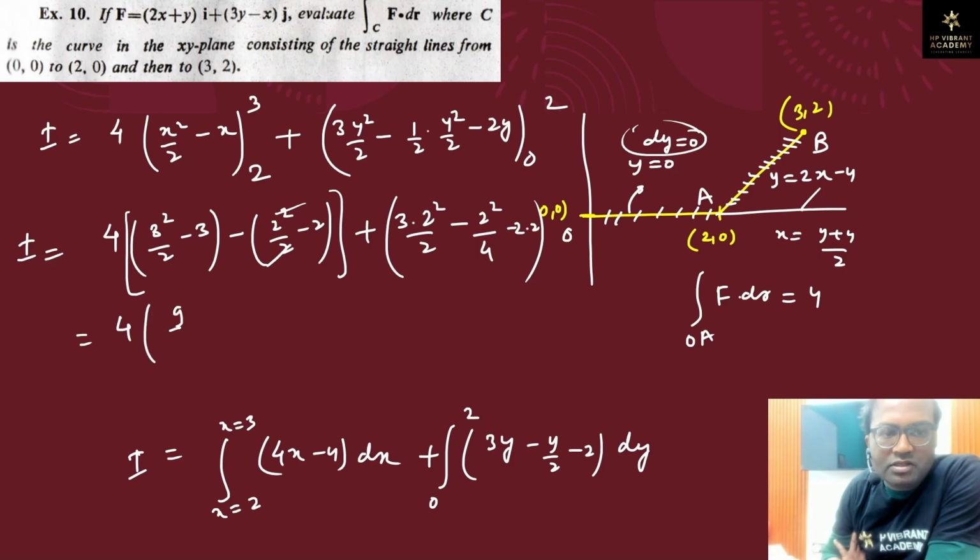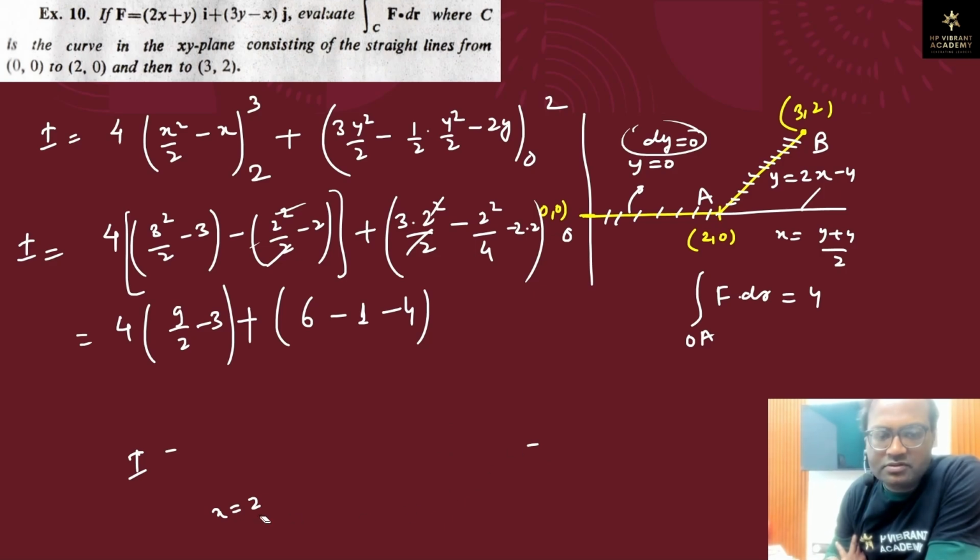So 4 times of 9 upon 2 minus 3 minus 2 minus 2, this gets cancelled, plus this also gets cancelled. This is 6 minus 1 minus 4. Let us further simplify this.